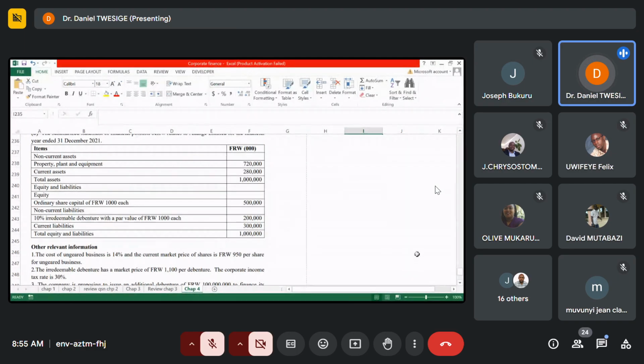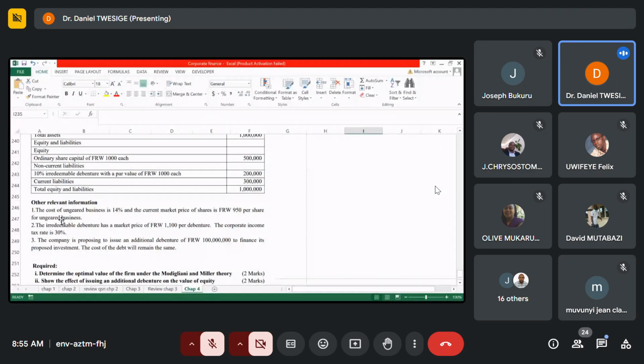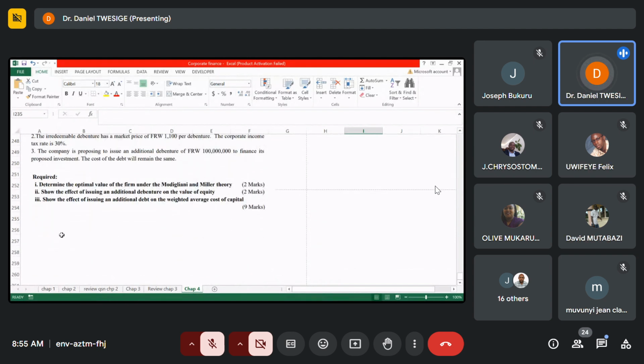And the other relevant information, if you check the other relevant information, it says the cost of an ungeared business is 14. So if I summarize my data here, data given, I have the KU, which is 14% as the KU given.